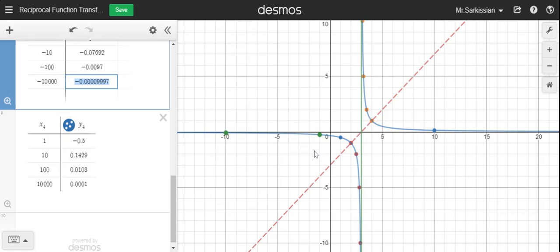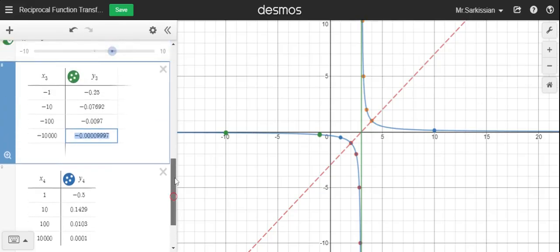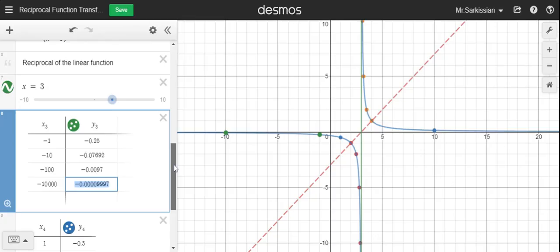So that tells you that the graph approaches its horizontal asymptote, which in this case is, of course, the x-axis, whose equation is y equals 0, from below if x approaches negative infinity. But if x approaches positive infinity, the graph approaches its horizontal asymptote from above. So that shows the end behavior of the function.